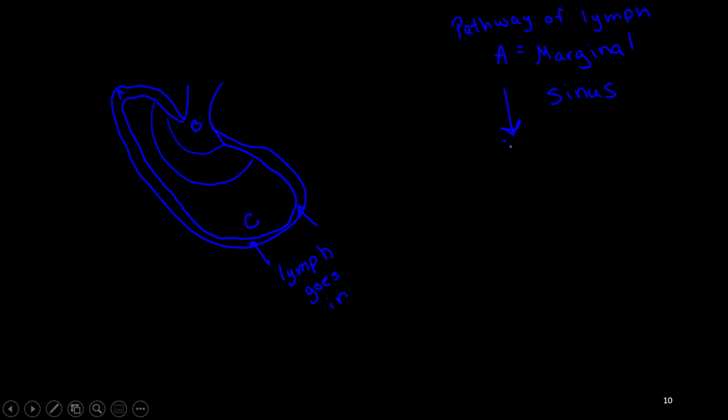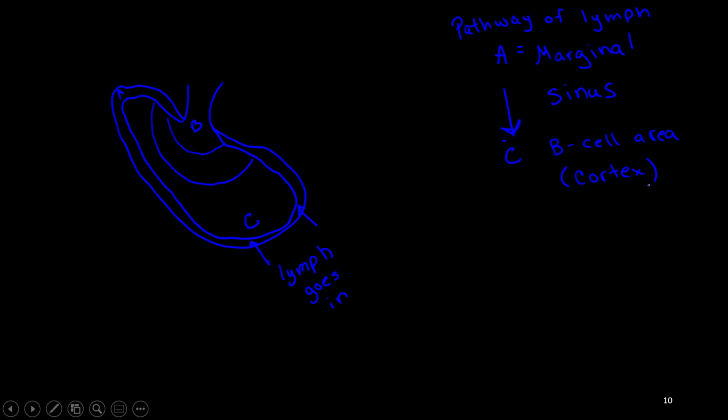From A, it should have made sense to go in alphabetical order, but I didn't for whatever reason. C is the B cell area, which is also known as the cortex. So I did that on purpose so that I can make C be the cortex.